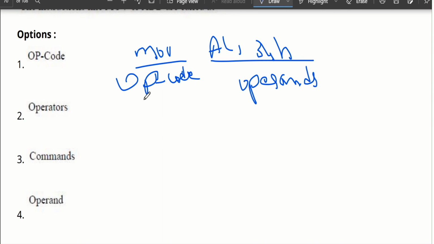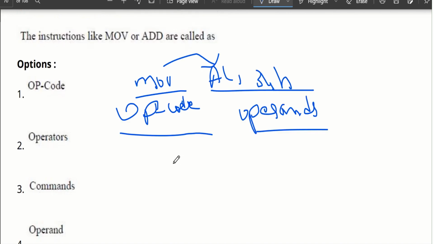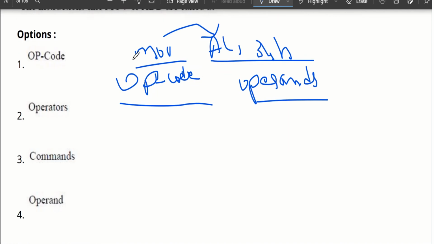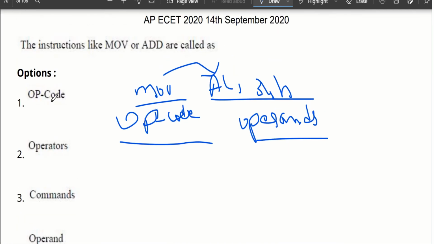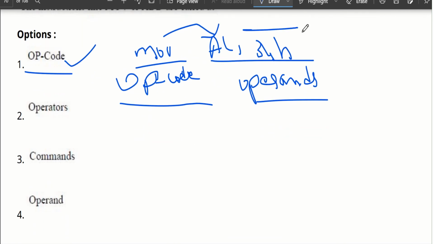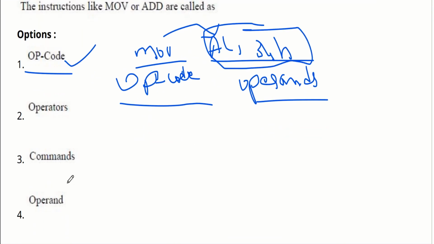The opcode is a single instruction executed by the CPU, and the operand gets manipulated by the opcode. By using the opcode, we manipulate these operands, where the data is changed. So move, add, jump, etc. come under opcode. So this is the correct answer. And these all come under operands over here.